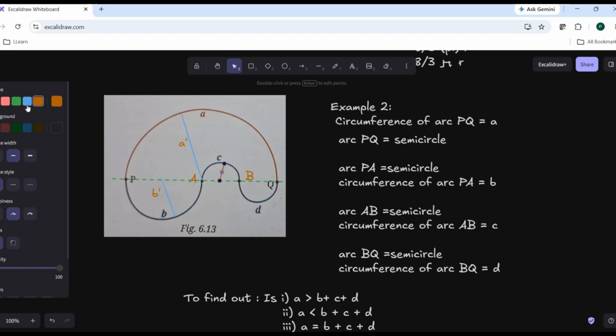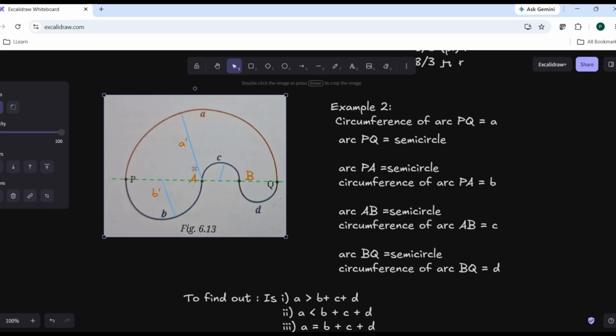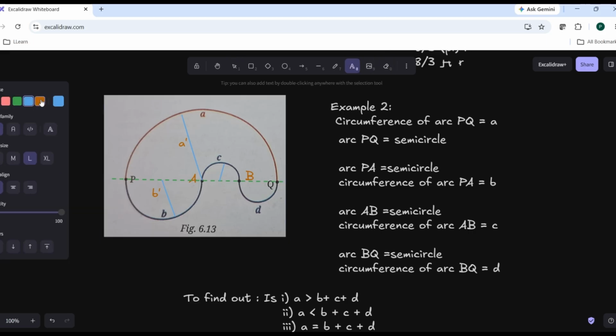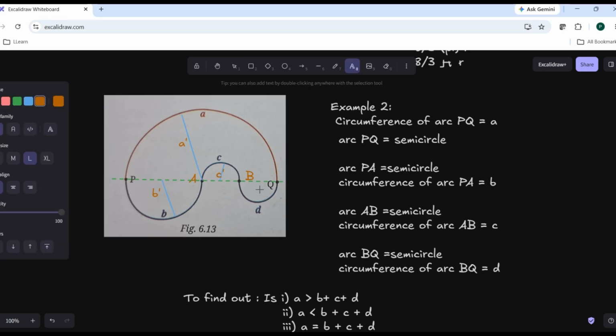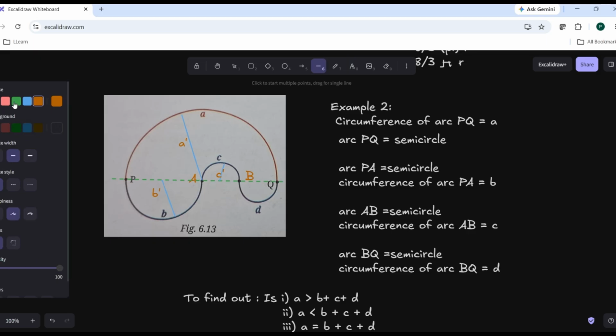We don't actually know exactly what the radius is, which is why we are just assuming and calling them this way: this is A dash, this is B dash, this is C dash, and the last one we'll call D dash.